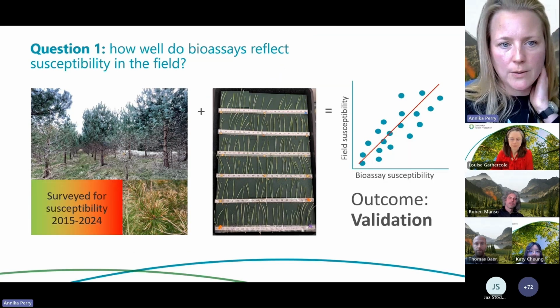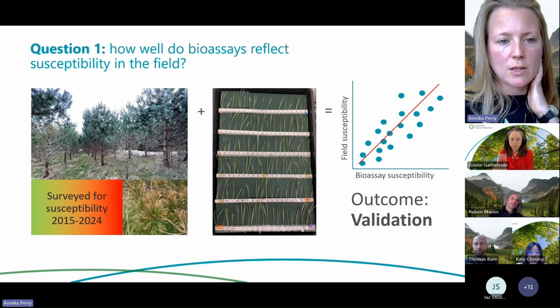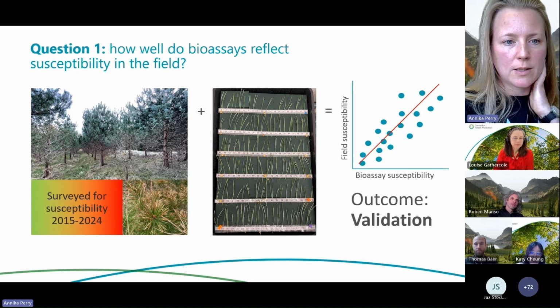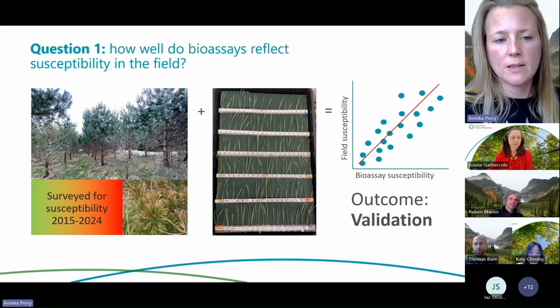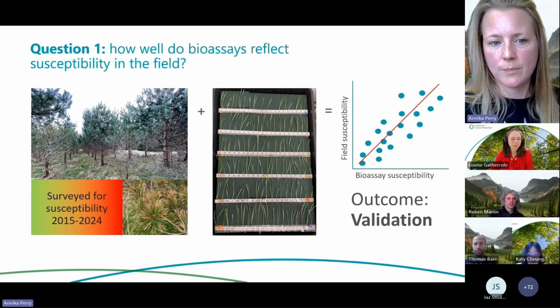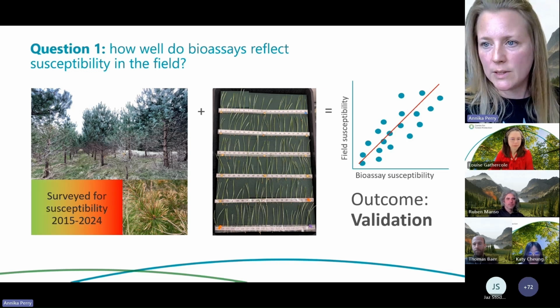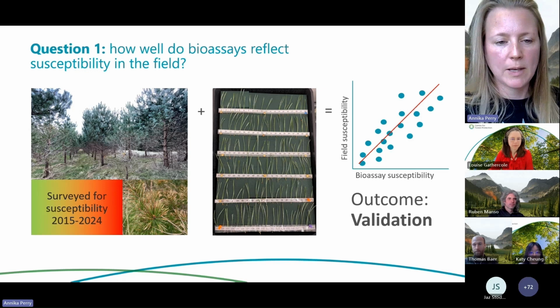First of all, I was asking how well do bioassays reflect susceptibility in the field? For this, I used this common garden progeny provenance trial, which has been surveyed for susceptibility for near enough 10 years now. I'm not going to go into detail here, although I'm very happy to explain about it.